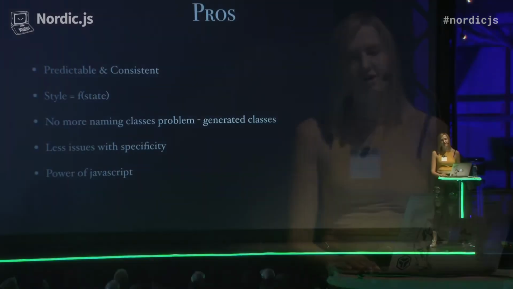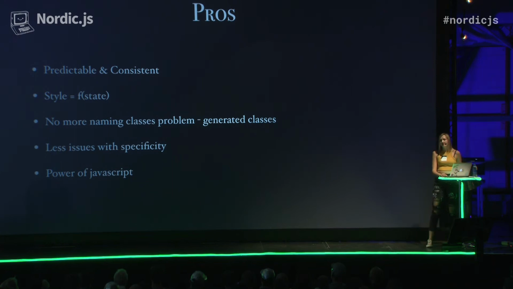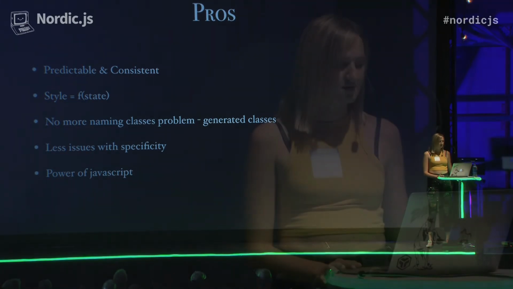When it comes to pros of this approach, as you probably know, it's more predictable and consistent. It's just keeping your styles as a function of the state of component and keeping your styles really close to your components, as close as possible, with only using classes, which names of classes are generated.